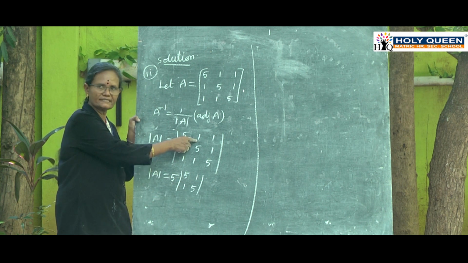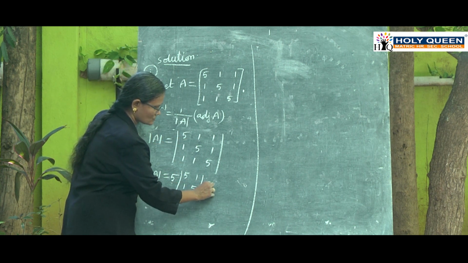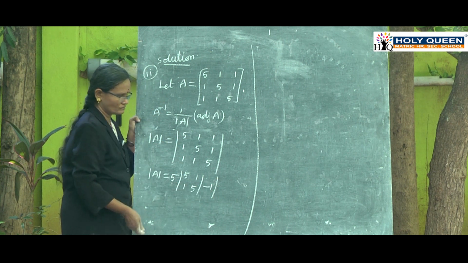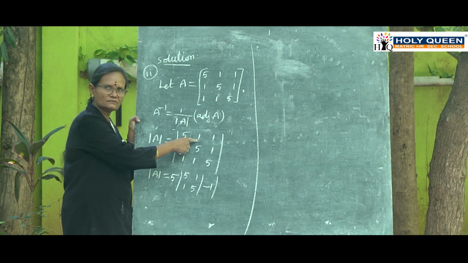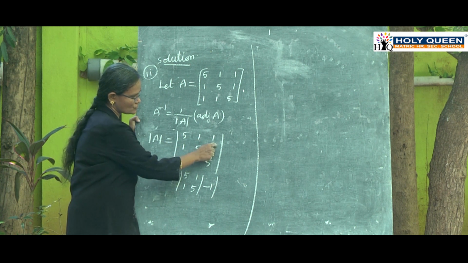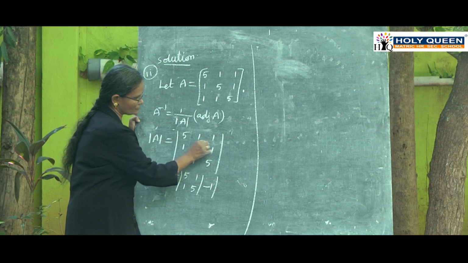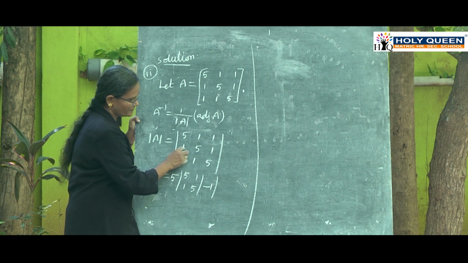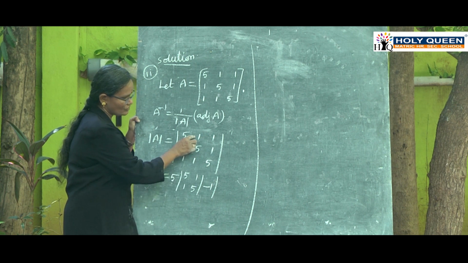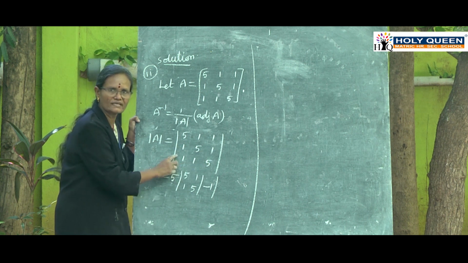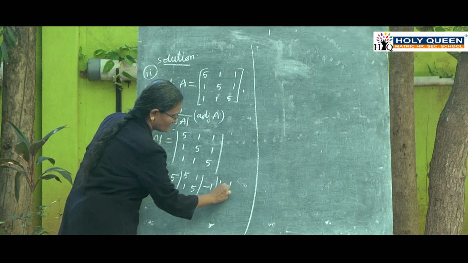What is the next element here? 1, then minus 1. What is the minor of 1? The position of 1 is first row and second column. Ignore that first row and second column. The remaining elements are the minor of 1: 1, 1, 1, 5.